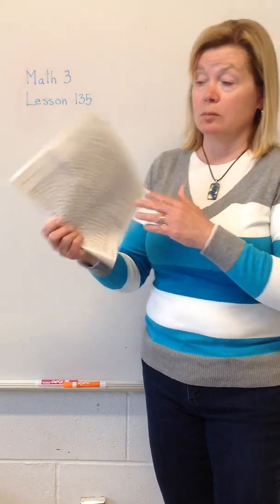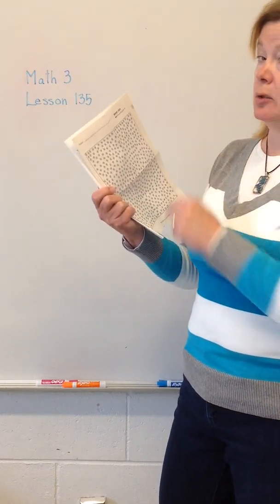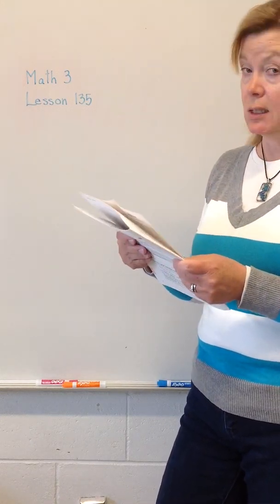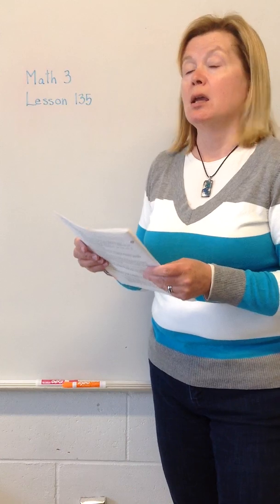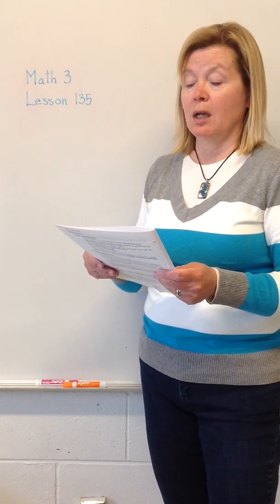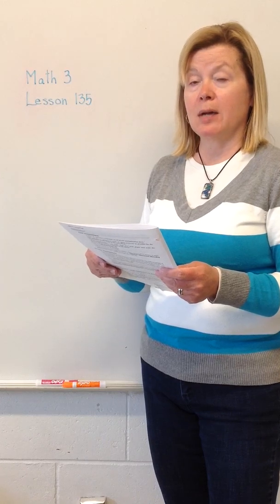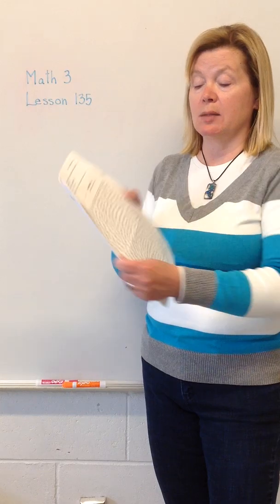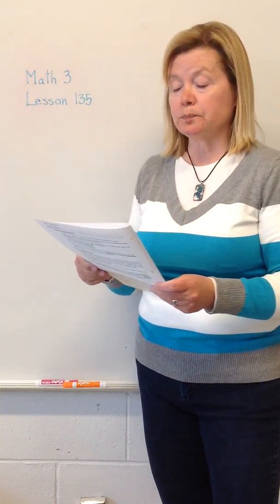Now, you could just count and count and count, but that would be tedious and would take you a long time. Mathematicians have a special way of coming up with a reasonable estimate for a number of objects in a picture, like this one is.